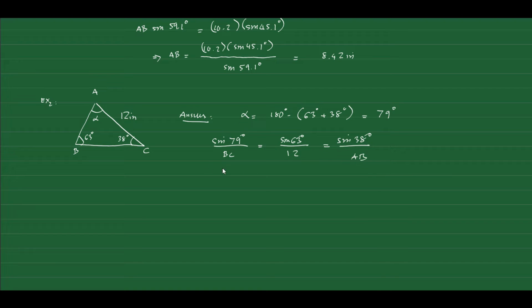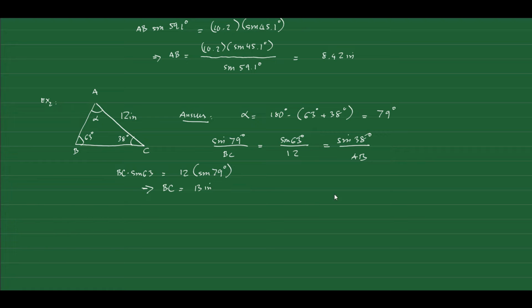And now see that we can use cross multiply over here, right? So sine 63 BC equals 12 sine 79. So from here we got BC to be 13 inch.